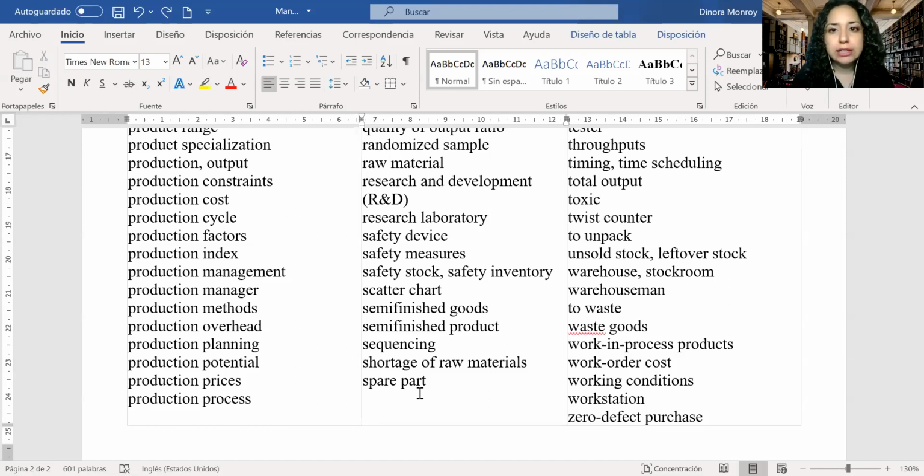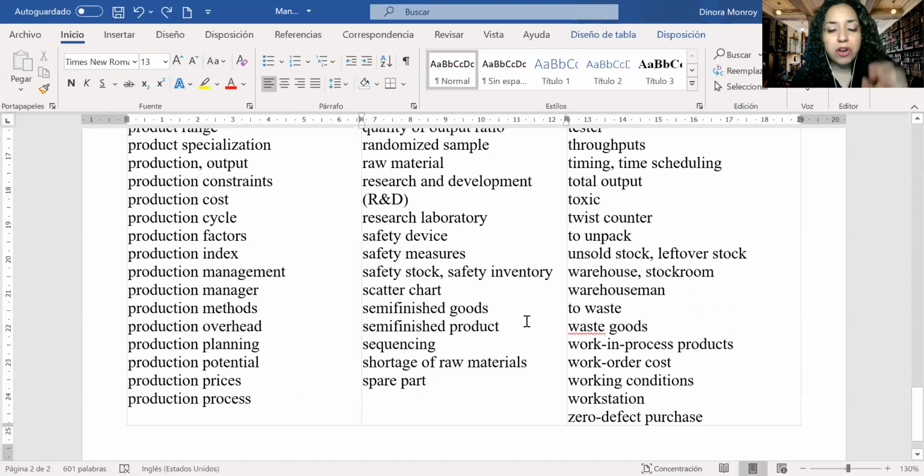Make time for English. This vocabulary is going to help you in life as a professional engineer. It doesn't matter if you don't go and work for an international company. If you are dealing with suppliers, if you are dealing with clients, eventually you are going to have to use this vocabulary, even if you work in Spanish, okay?